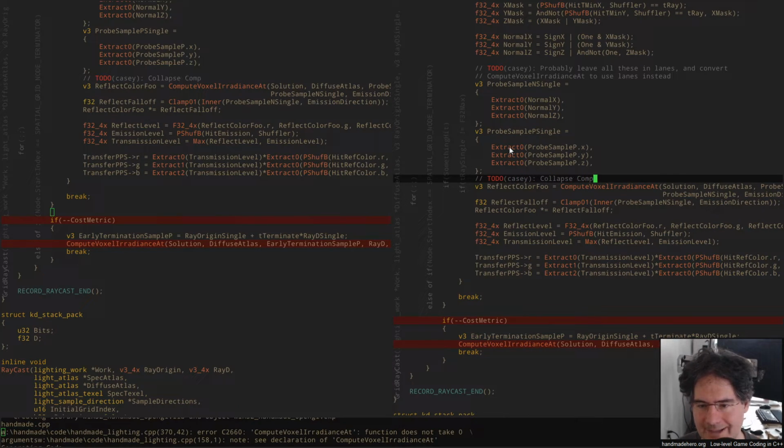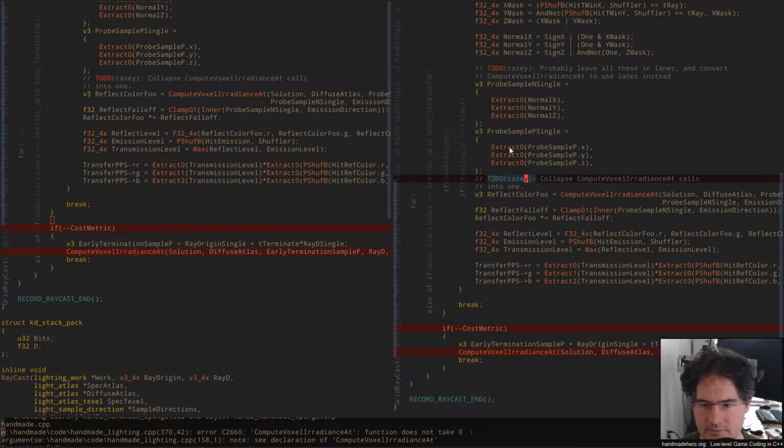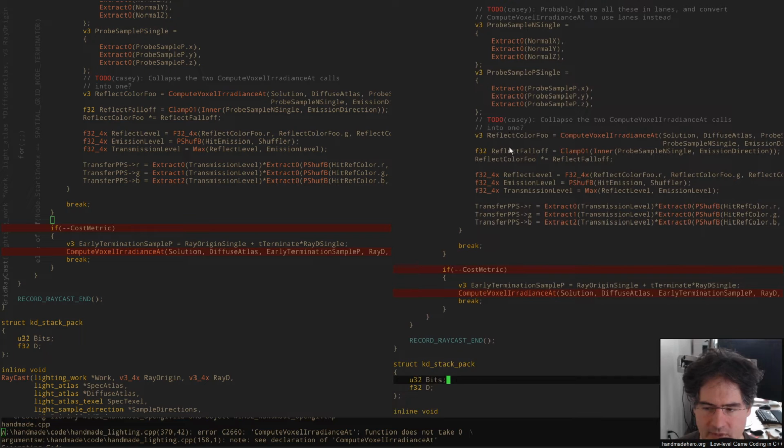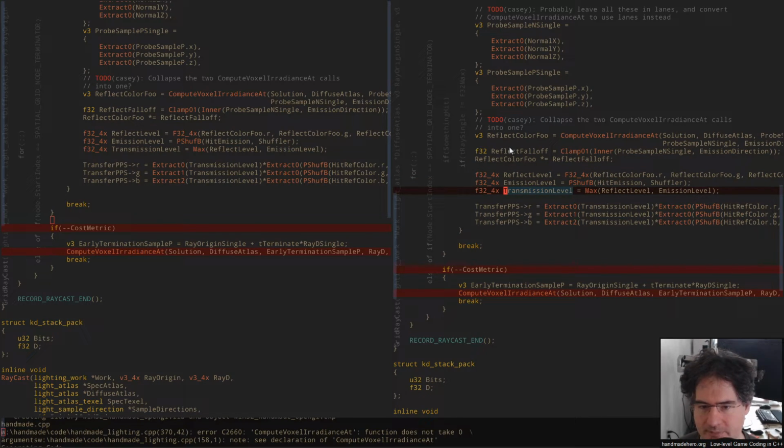So I want to collapse compute voxel irradiance at calls into one. For now, I'm fine with calling it twice, but I think that's something that could be collapsed. What we could effectively do here is have this code all just be shared. This stuff would all happen exactly the same way as it was happening before.